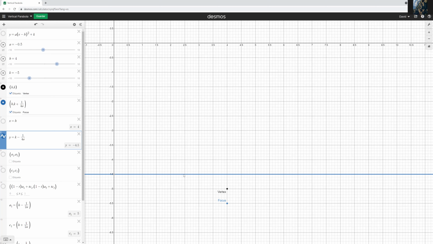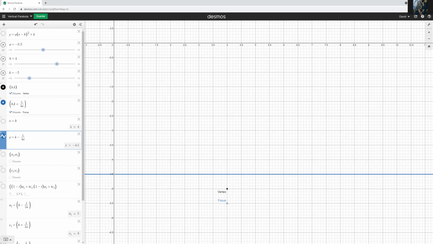And finally, the length of the latus rectum. If you remember, it has to be measured from the focus to each one of the sides, that is to the right and to the left.